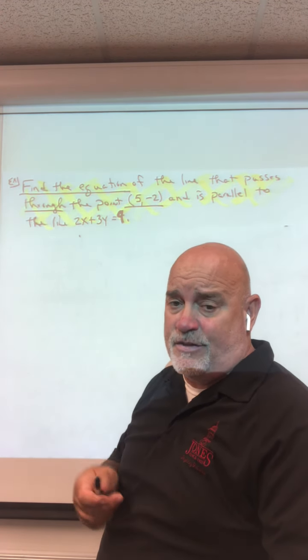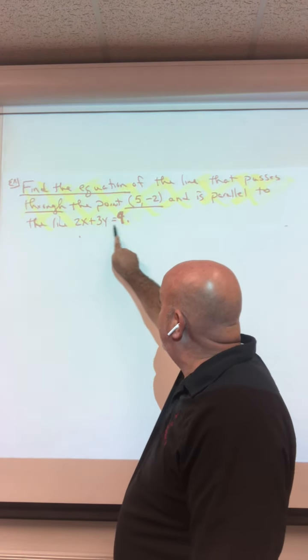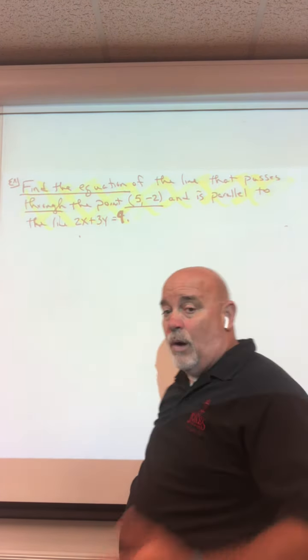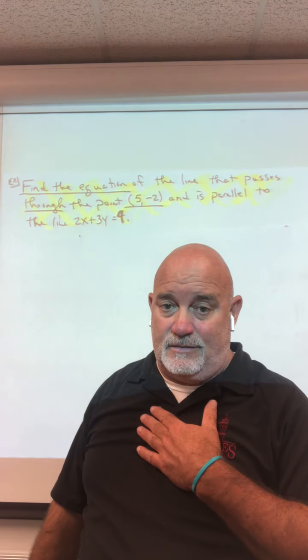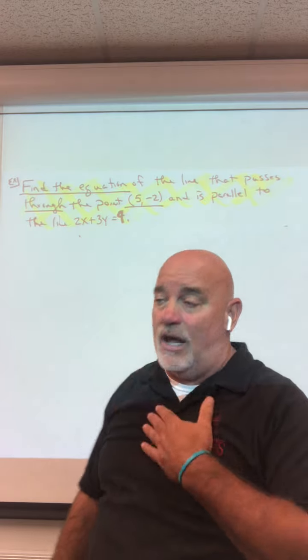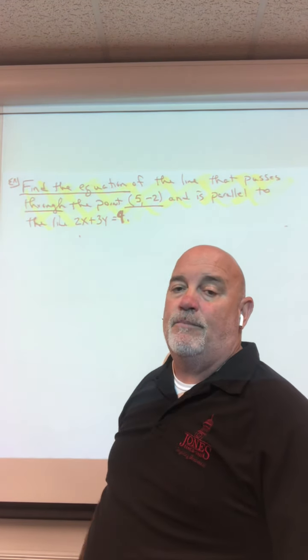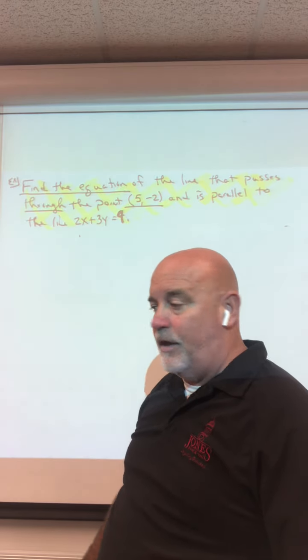It means that they're the same. So, if I can get the slope of this line, won't that be the slope of my line? Yes, because they're parallel. And then if I can get the slope, then I can use the point slope formula to finish it.